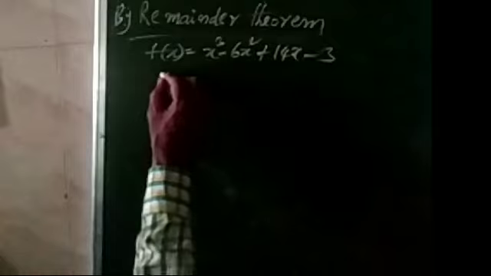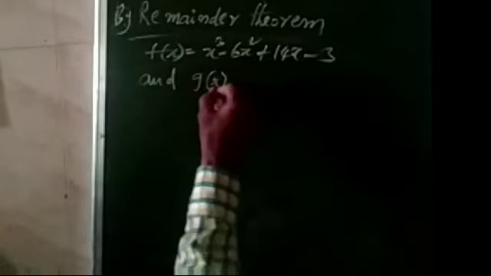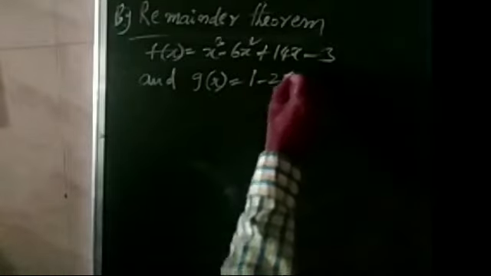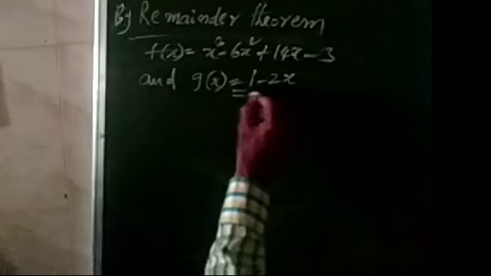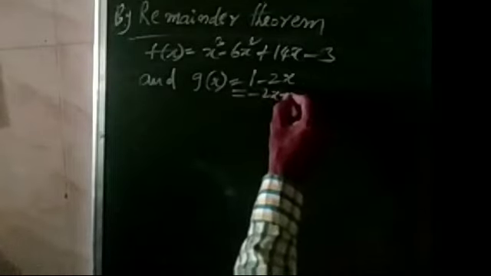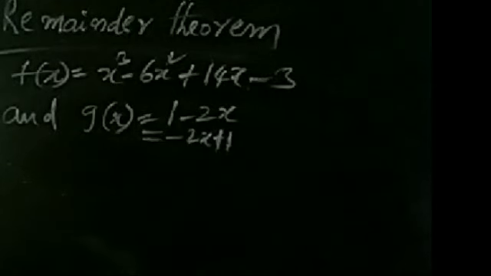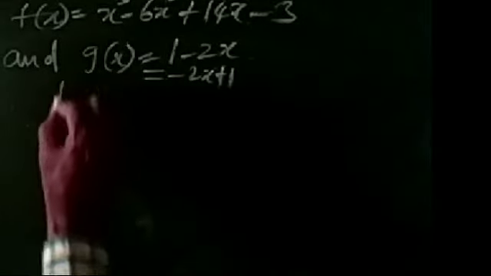So x cube minus 6x square plus 14x minus 3 is p of x, and g of x is 1 minus 2x. If you write it in descending order, it becomes minus 2x plus 1. So first the x term, then the constant.